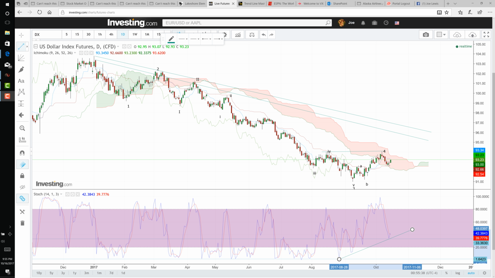It is the 16th of October 2017, and I'm going to go with one more dollar pair, starting with the dollar exchange first.